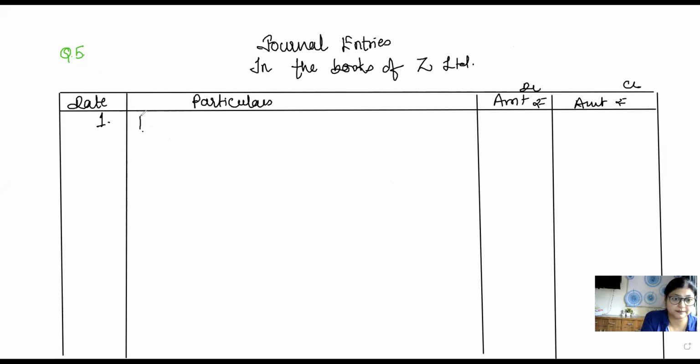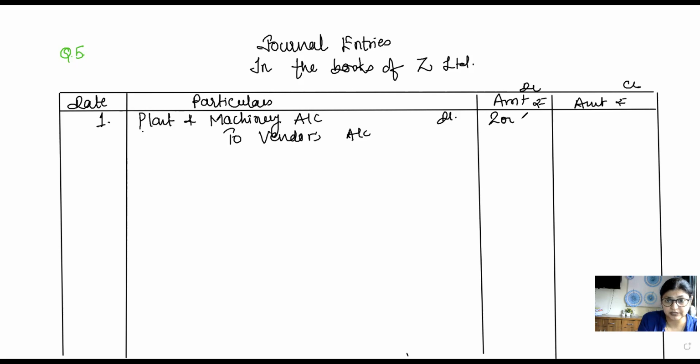So we will write plant and machinery account debit to vendor account. The name of the vendor is not written in the question, so we will write vendor account.